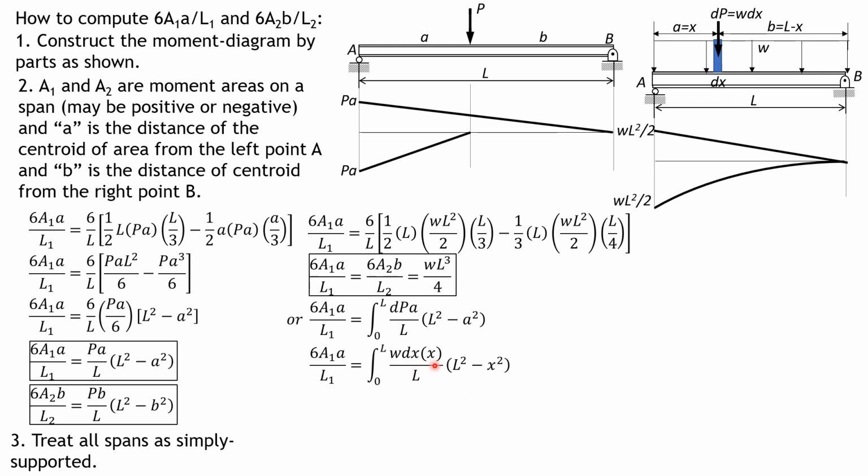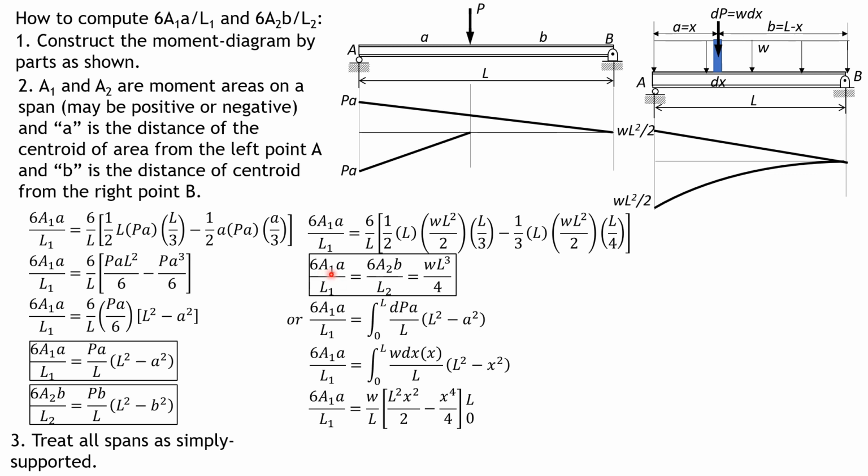So the integral of the first term, which is L squared x, is L squared x squared over 2. The integral of the second term is x times x squared, so negative x to the fourth over 4 from 0 to L. If you simplify this, it will give you the same result, that 6A1A over L1 equals 6A2B over L2 equals WL cube over 4.